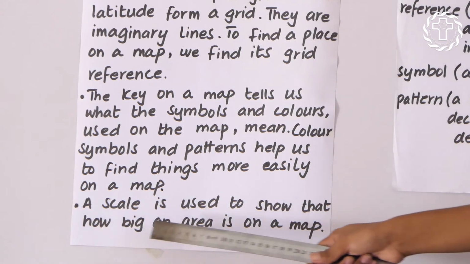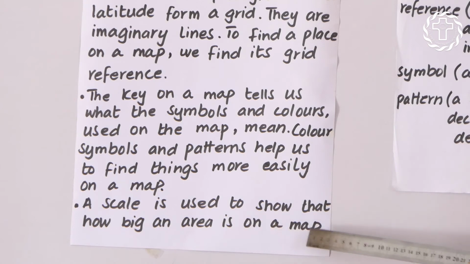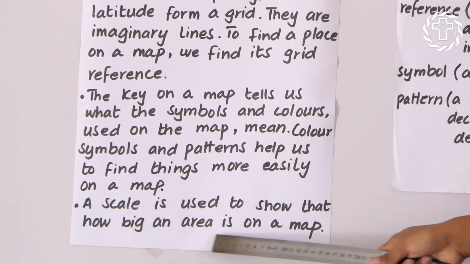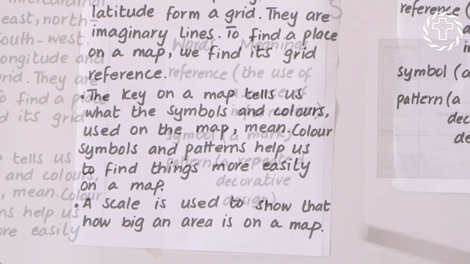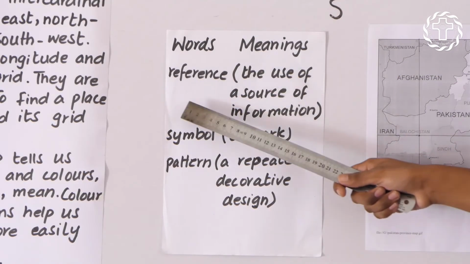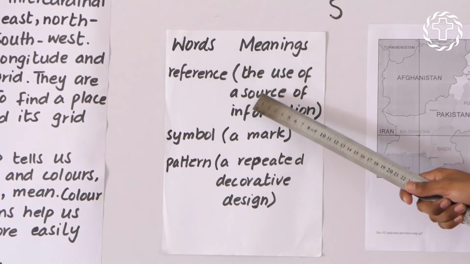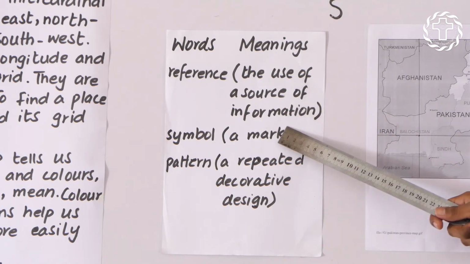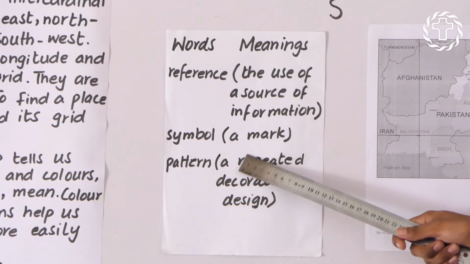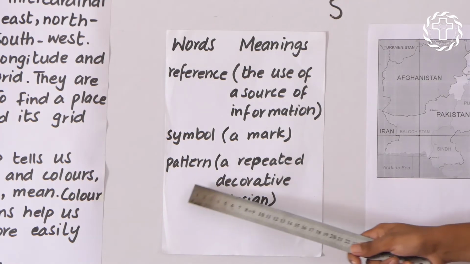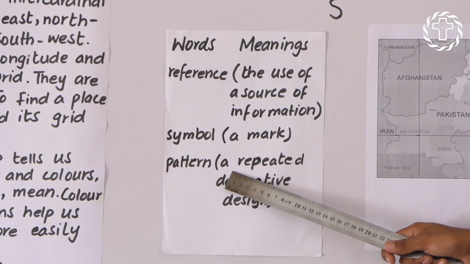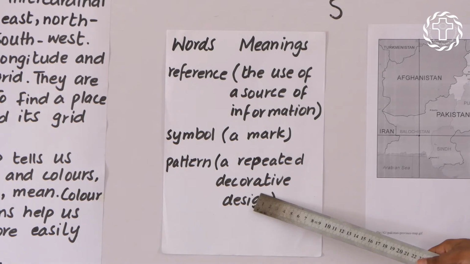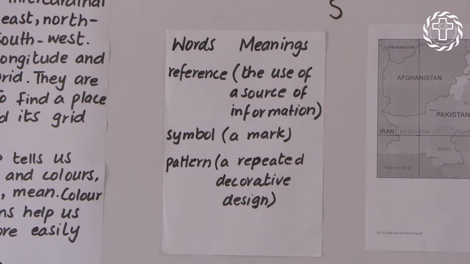A scale is used to show how big an area is on a map. Words meanings. Reference means the use of a source of information. Symbol means a mark. Pattern means a repeated decorative design.